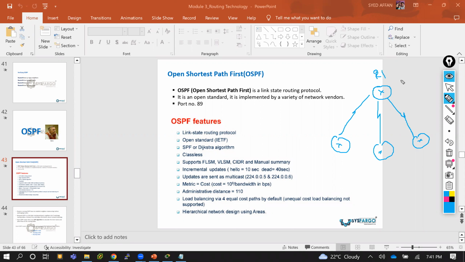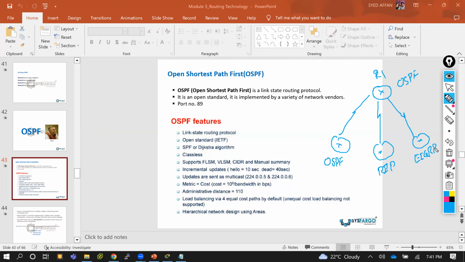On this end, I'm implementing the OSPF protocol. Then here also I have the OSPF protocol. Here I have the RIP protocol, and here I have the EIGRP protocol implemented.